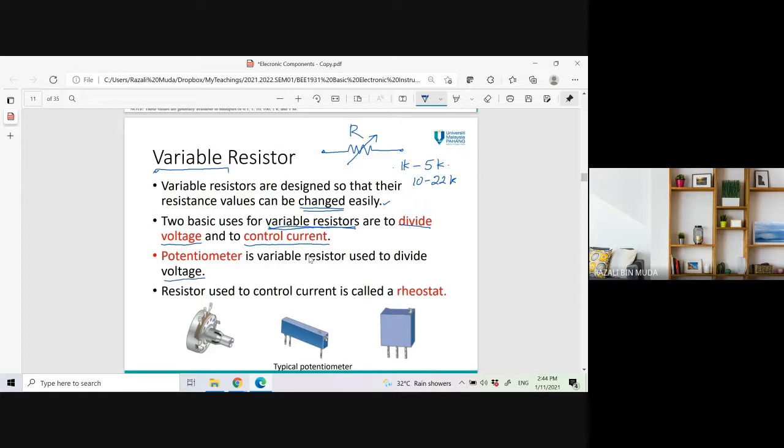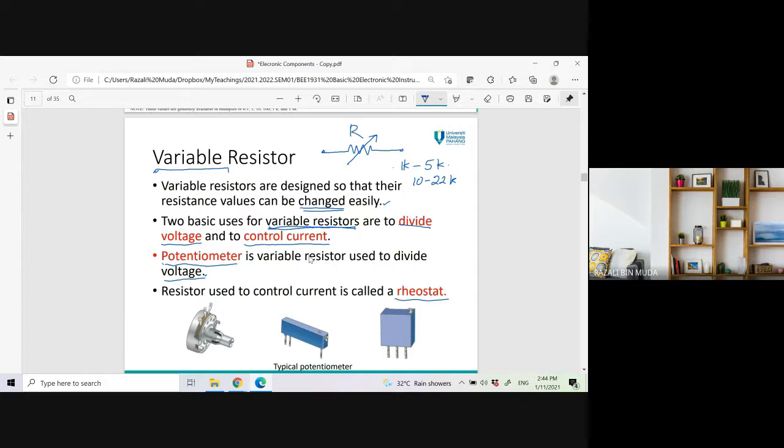Among the many variable resistors, one type is called potentiometer.